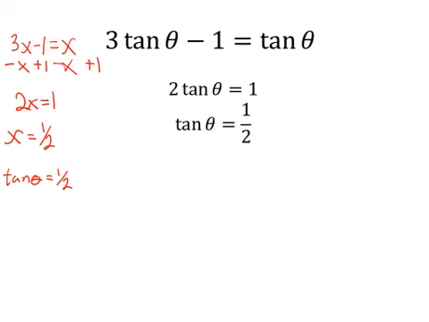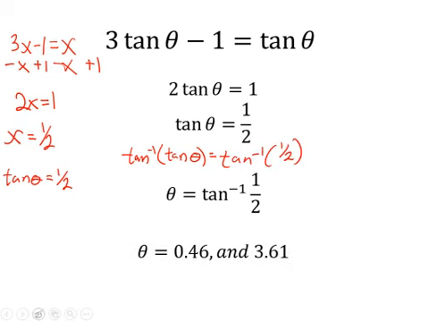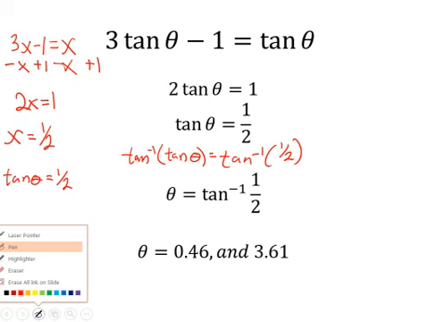Now if you look at your trig table, you don't have a tangent of 1/2, which is fine. So now this is where you would use your calculator, and you take the inverse tangent of each side. And when you take the inverse tangent of each side, you end up getting your answers down below.